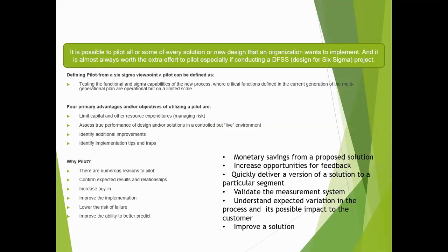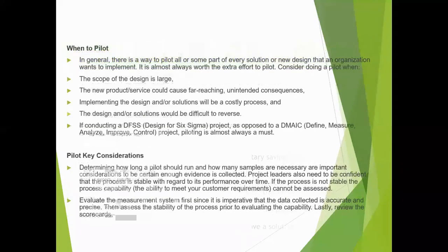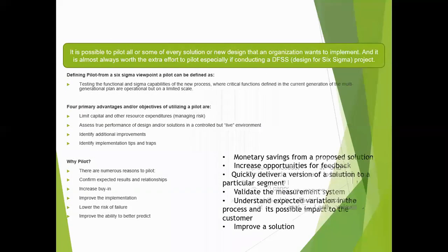So once we have all the solutions, right, it is good that we also try and put them in a small matrix where we see which of the solutions has the best impact and is the easiest to implement, right? So we put a simple matrix. On the x-axis, you put ease of implementation.